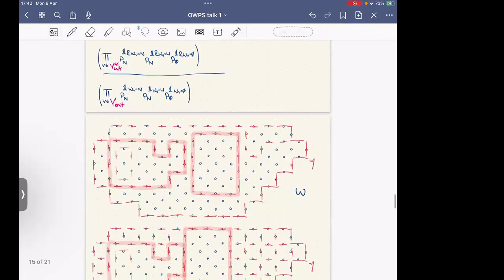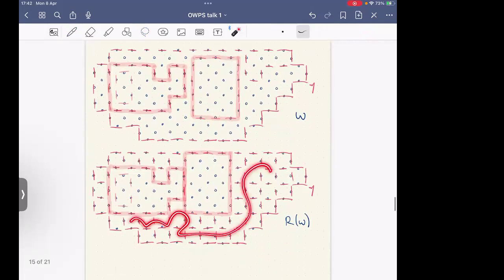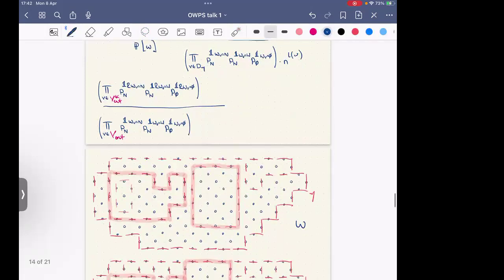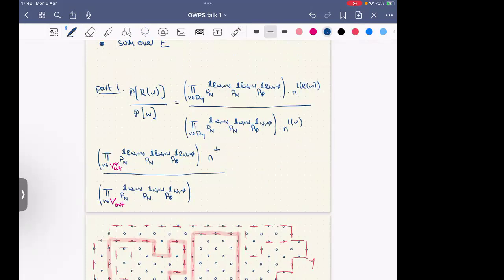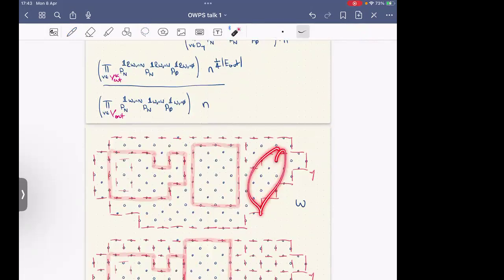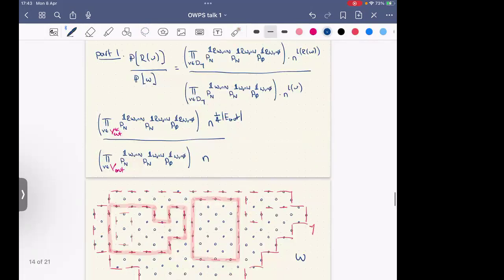The number of loops in here are the same as the number of loops in here, so that cancels, and the same here and here. So how many loops are there in here? Well, we already did this. Every loop is of length 4, so it's n to the 1/4 mod E out. And we know that all the loops in here are of length at least 6. So we can say this is greater or equal to n to the 1/6 mod E out.